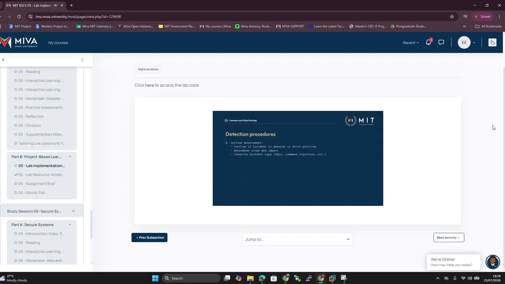Then you determine what scope that covers and what impact that brings to your system, or your application, or your network. And then, of course, you have to classify your incident types. Okay.